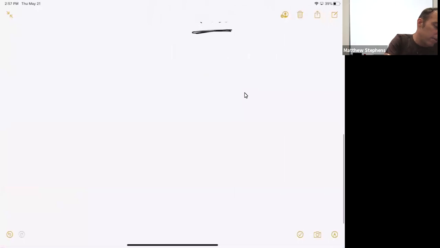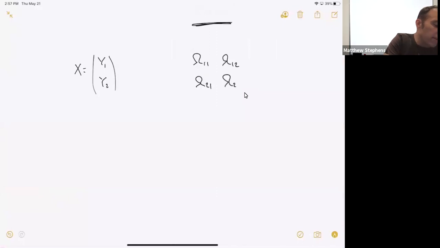So I've got x equals y. I'm partitioning it as y1 and y2, and I'm partitioning omega like this, right? So that's what's going on there.